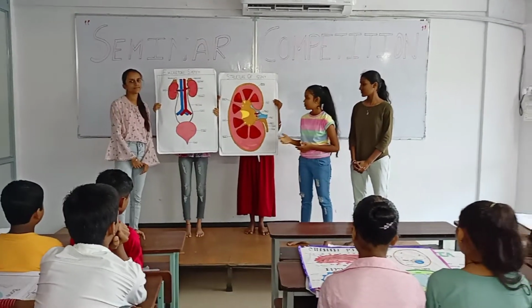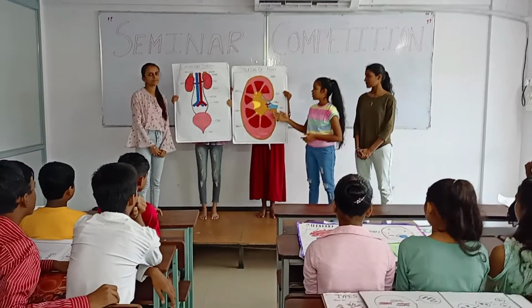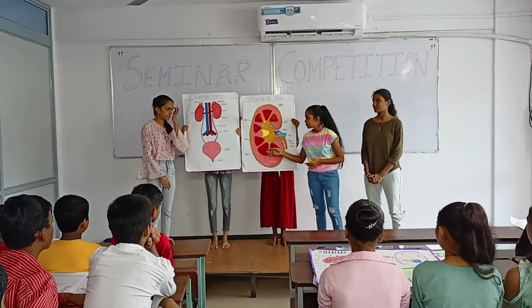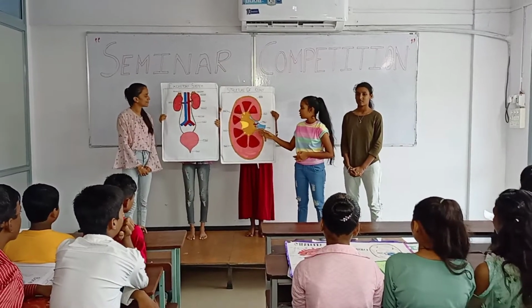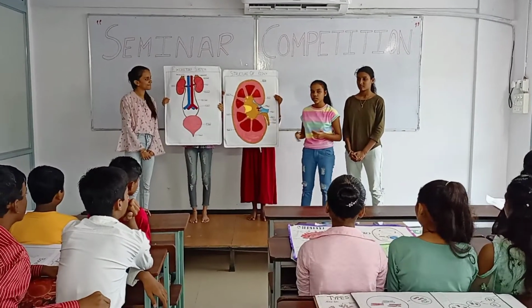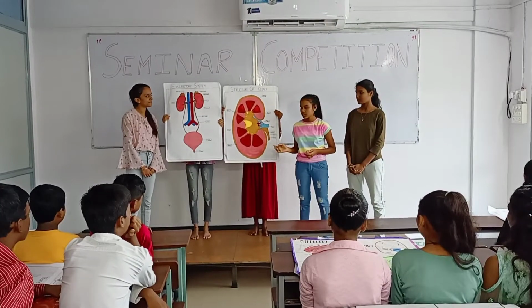The nephron synthesizes urine in the kidney, which then passes through the renal pelvis, which is further divided into calyces, minor calyx and major calyx.